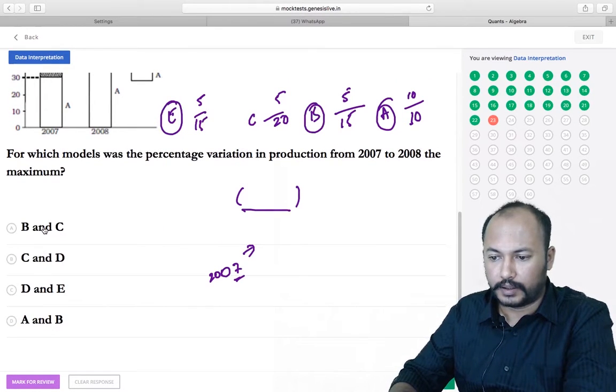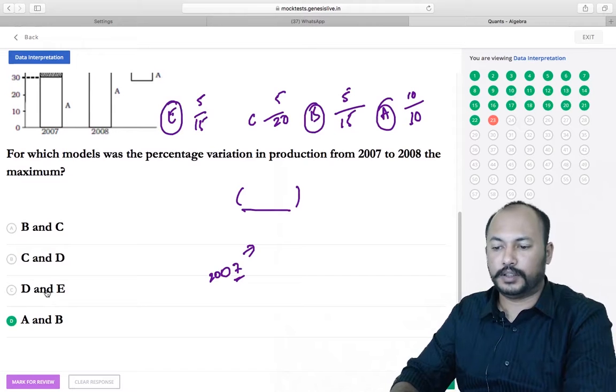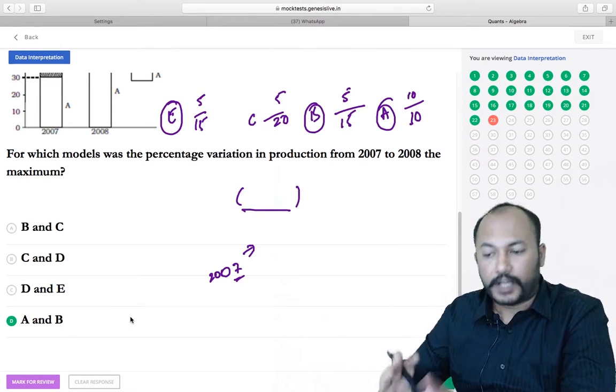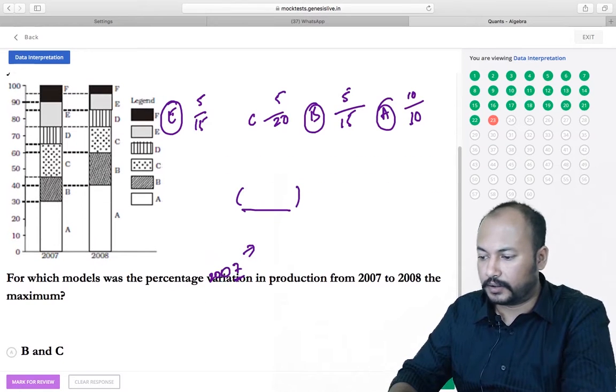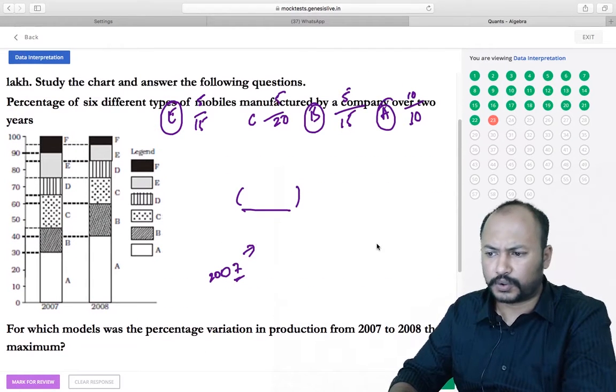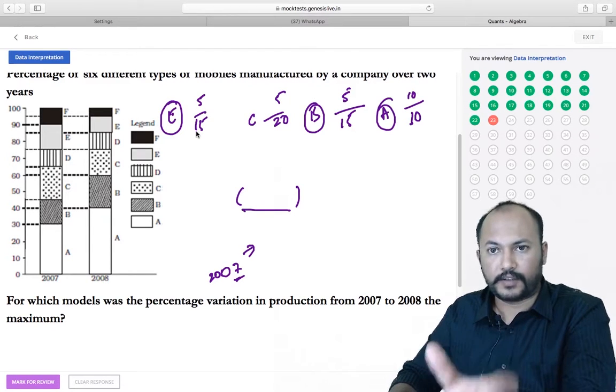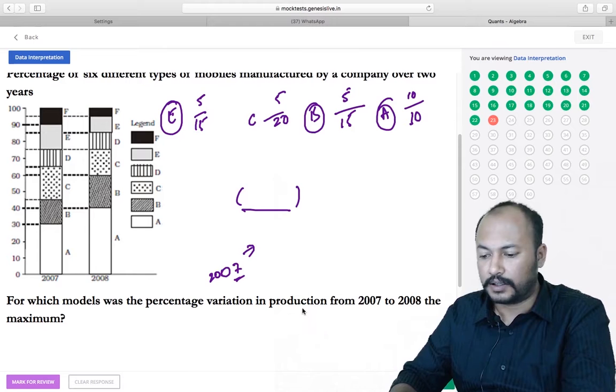A and B. Fine. E is not in the combination. So A and B is the right one amongst the given options. All right, next one. Hope this is clear. So what I'm trying to do here is find the percentage variation. How will you do that? Take the difference divided by the reference. Reference is 2007. Clear? Great.